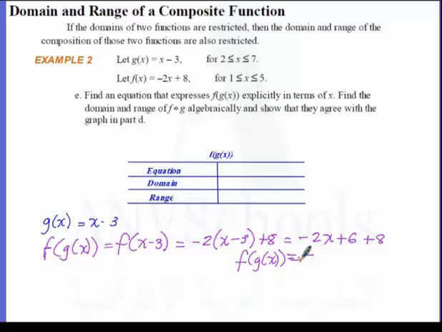We have f of g of x is equal to negative 2x plus 14. So this is our equation.